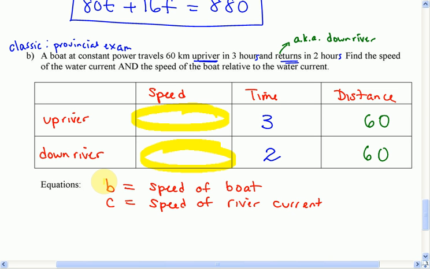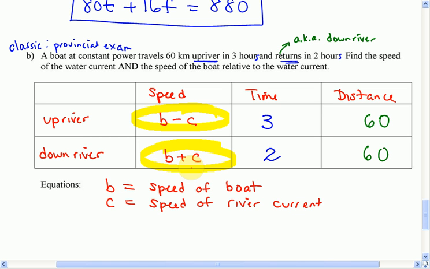So what's my variable here? If you said B minus C, you are correct. It's the speed of the boat, B, but because the current pushes against you, against is minus, so you actually lose some speed. How about downriver? That's when the boat and the current are going together, so the speed is faster, B plus C.